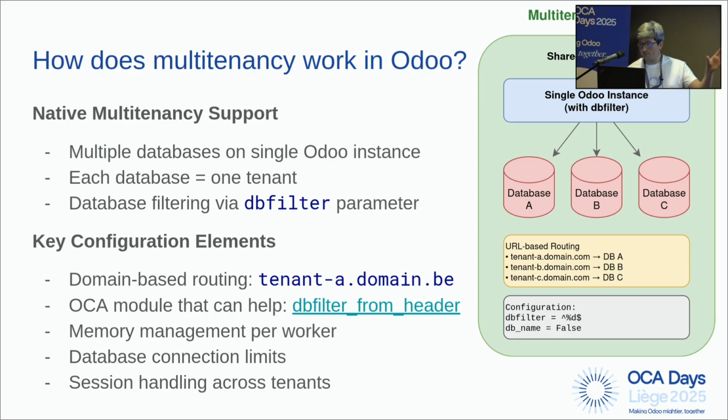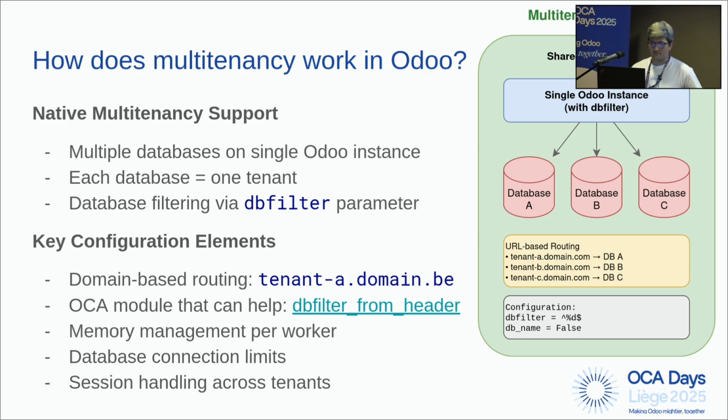The diagram shows how this works in practice with URL-based routing. For example, each of our 78 municipalities gets their own subdomain, like Liège.iA.Vision.iMio.be.